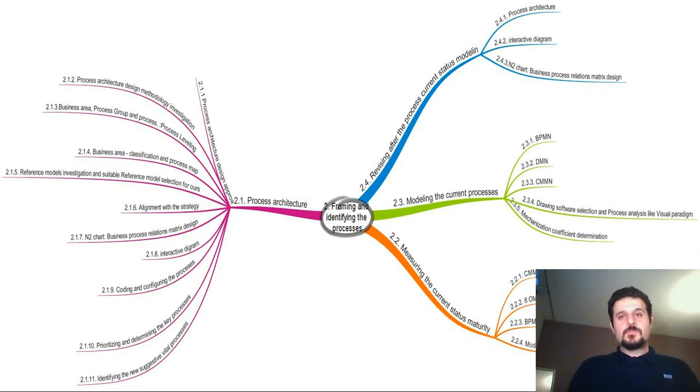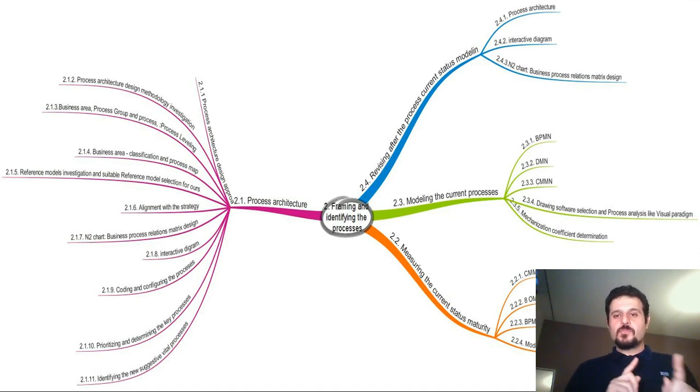Also, you need to create a specific code for each process because you should configure the relation between processes, and if one process changes, which processes can be affected by that one. So you need to create a configuration between the processes.